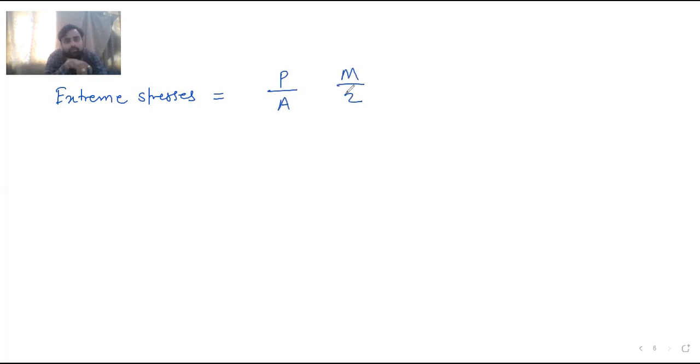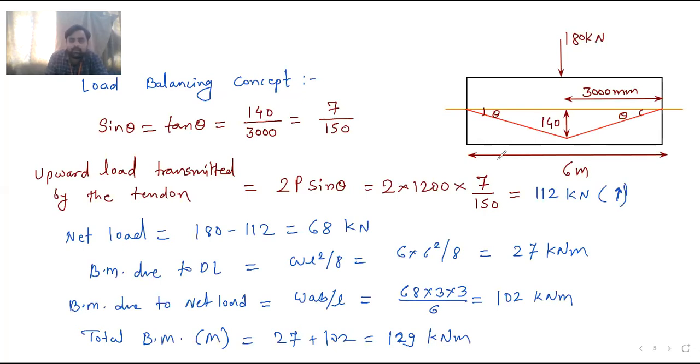Now how to decide M by Z is plus or minus? It will be plus minus, but where to give plus and where to give minus? How are we deciding? So again come here, see here, what is your net load? Your net load is 68 kilonewton, and this net load is moving downward because 180 is greater than 112.